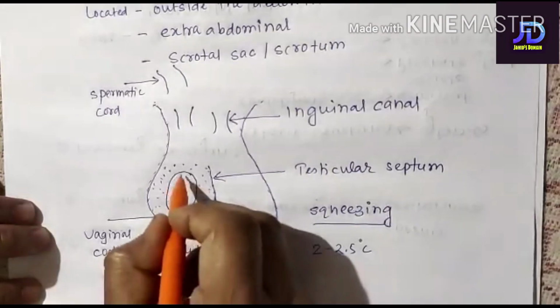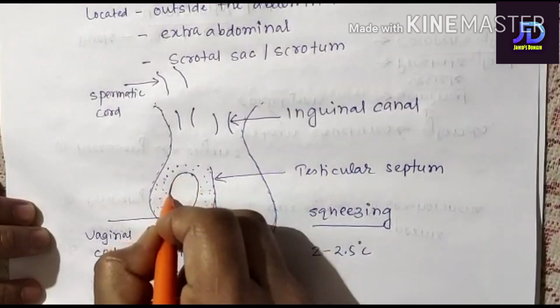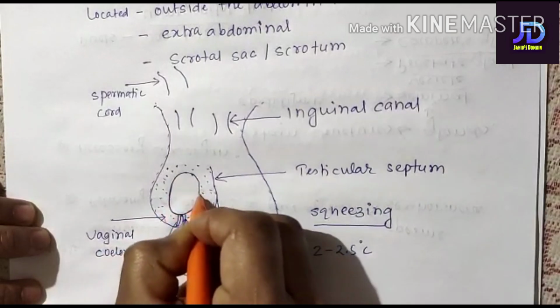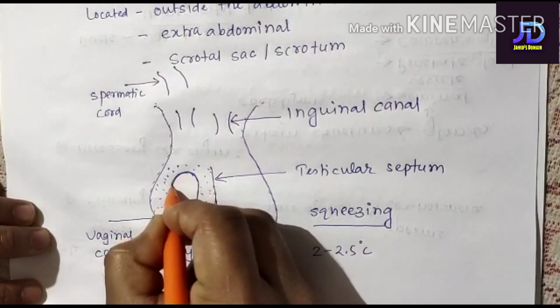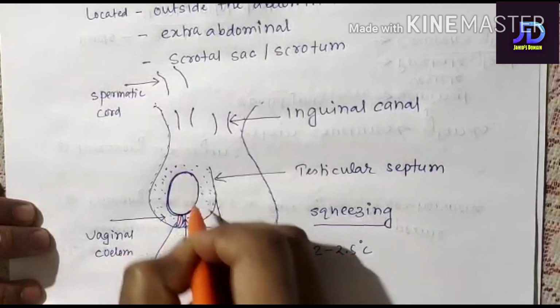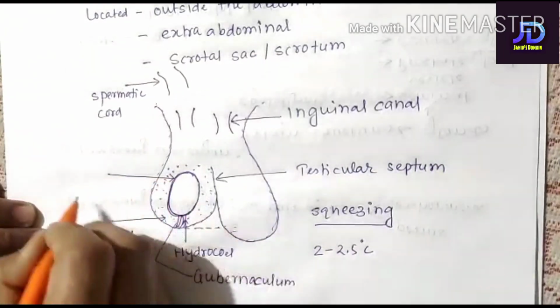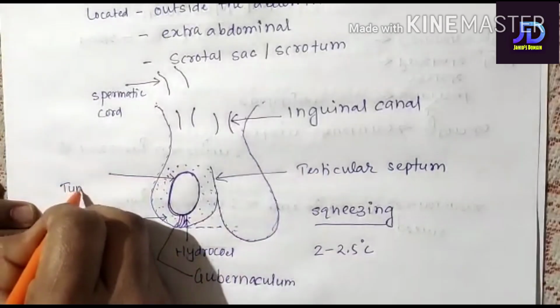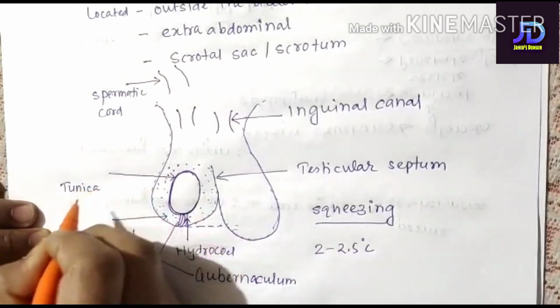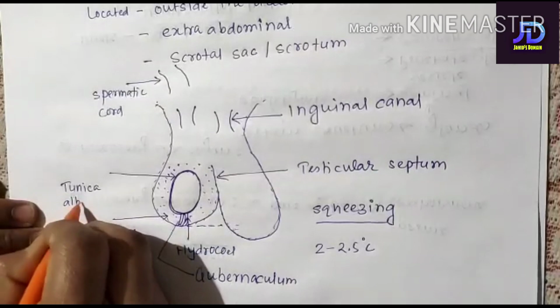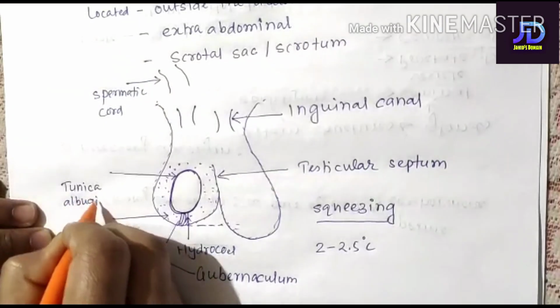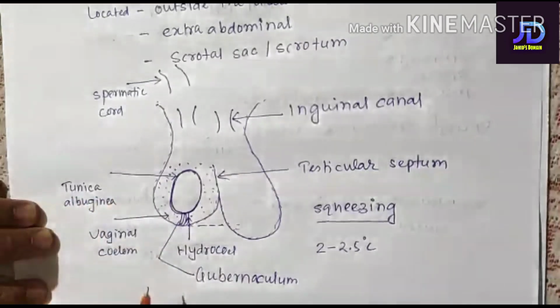Now, the testis is surrounded by one fibrous layer, and this fibrous layer of the testis is known as the tunica albuginea.